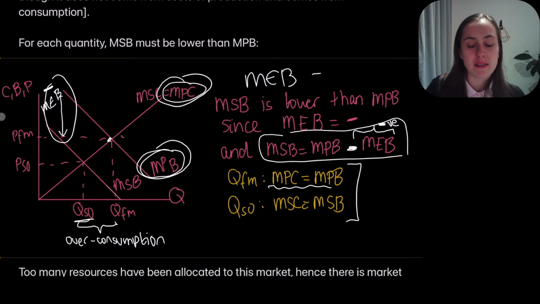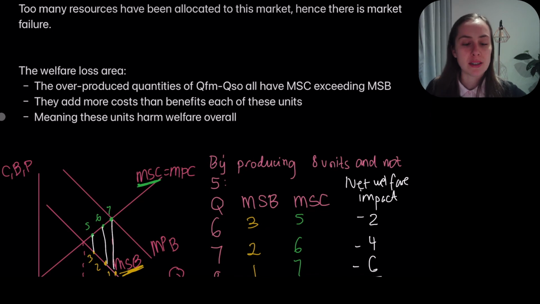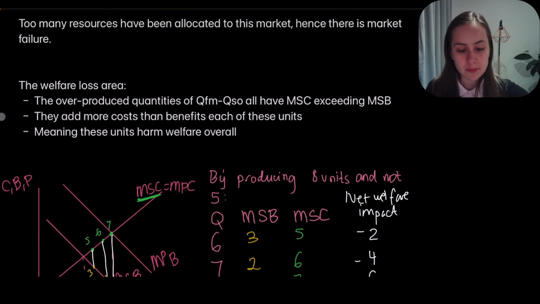It would have been best if people had demanded less, which would have resulted in lower quantity and lower price. That would have been the best. But unfortunately, the free market doesn't do this. The free market, by producing QFM, overconsumes compared to QSO. Too many resources have been allocated to this market, so there is market failure.